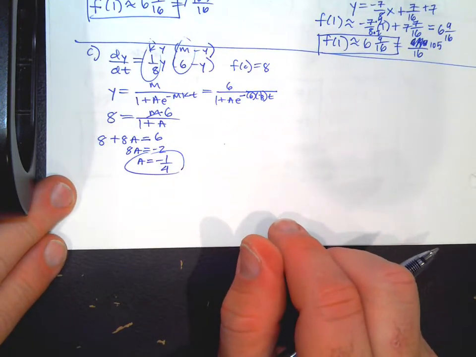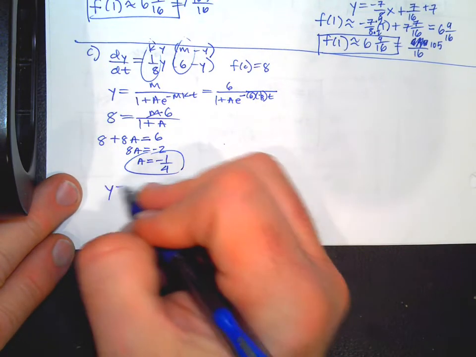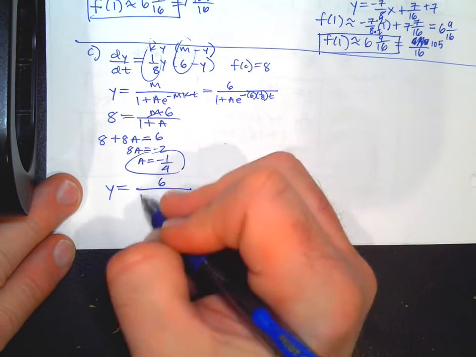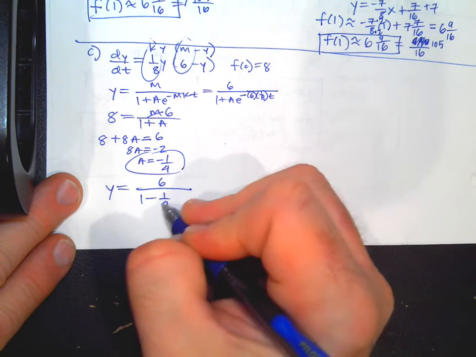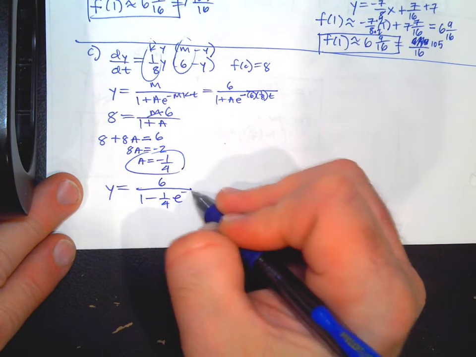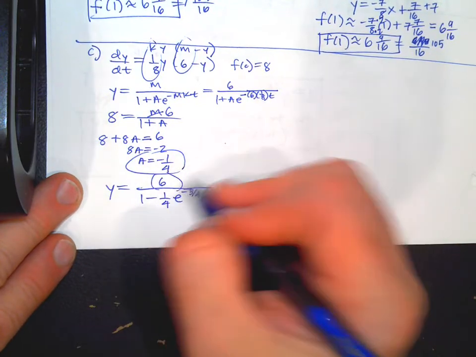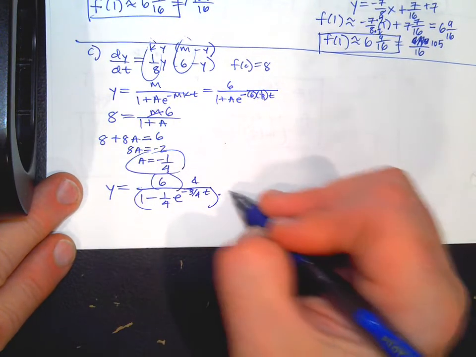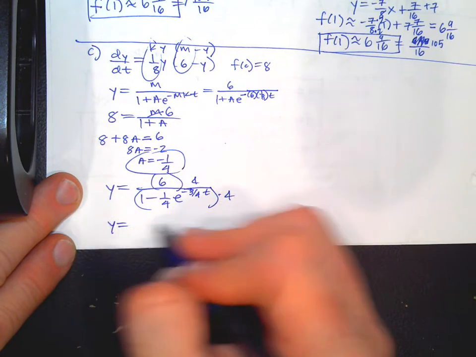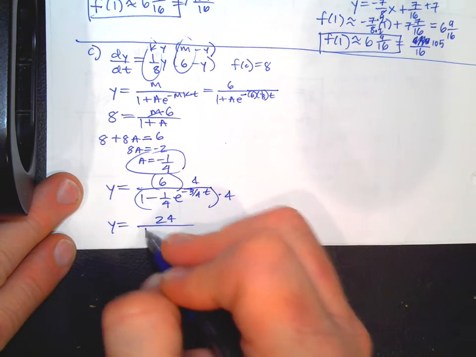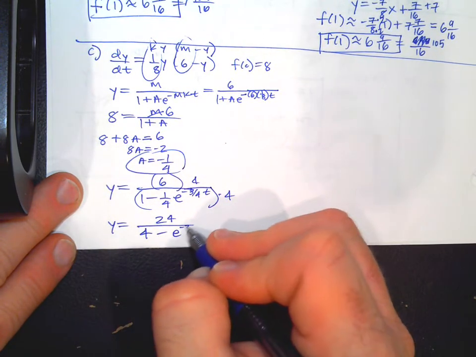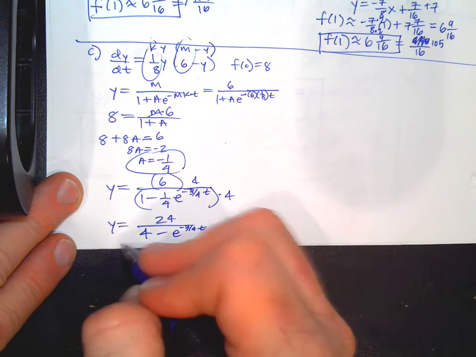So your answer is y equals 6 over 1 minus 1/4 e to the negative 3/4 t. I don't really want fractions inside fractions, so let's clean that up. Multiply by 4: y equals 24 over 4 minus e to the negative 3/4 t.